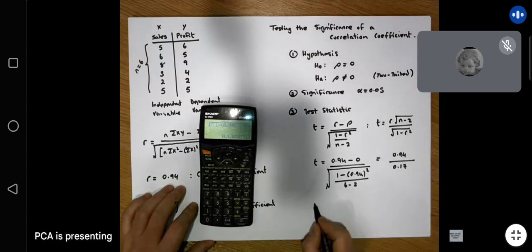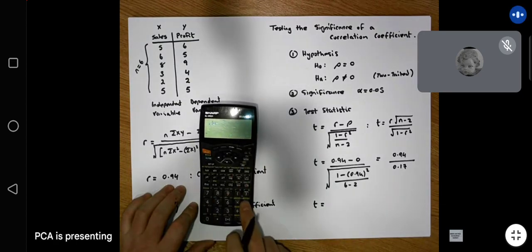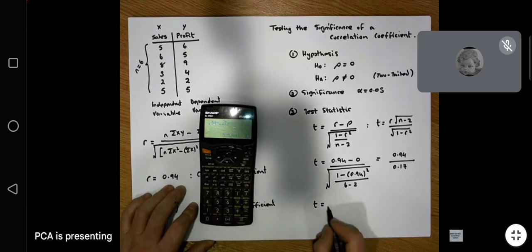So our test statistic T is equal to 0.94 divided by 0.17, which gives us a value of 5.53 approximately.